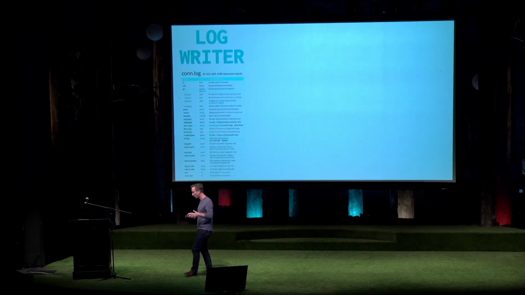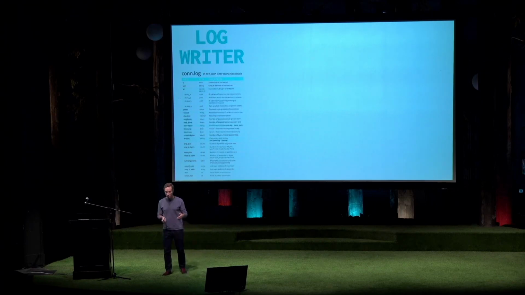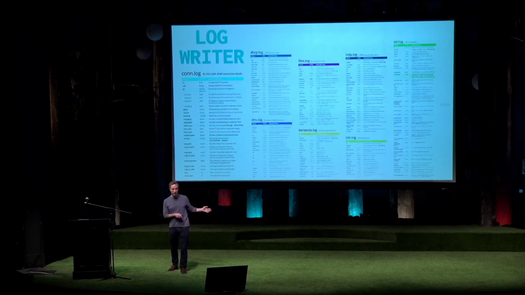If you know NetFlow, you know it as a per-flow connection summarizer, and that is basically what this is. It tells you the endpoints of a flow, which endpoints were local to your network, how many bytes, packets, and so forth were transferred, and what protocols and services we found in a given connection. That's the hub of our logs, and then there's a whole bunch more.